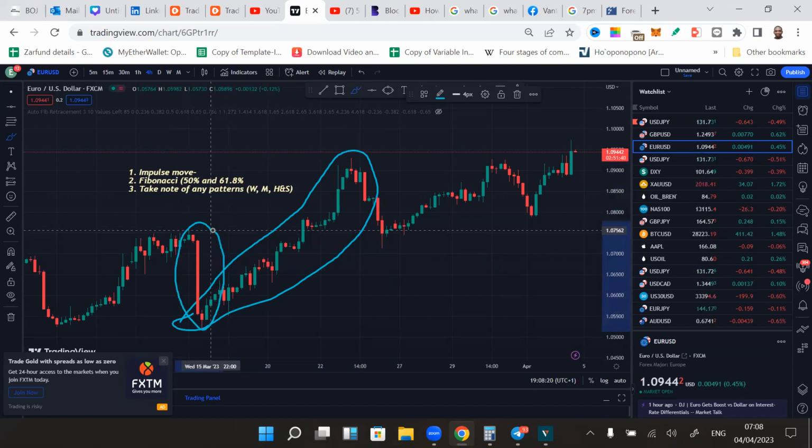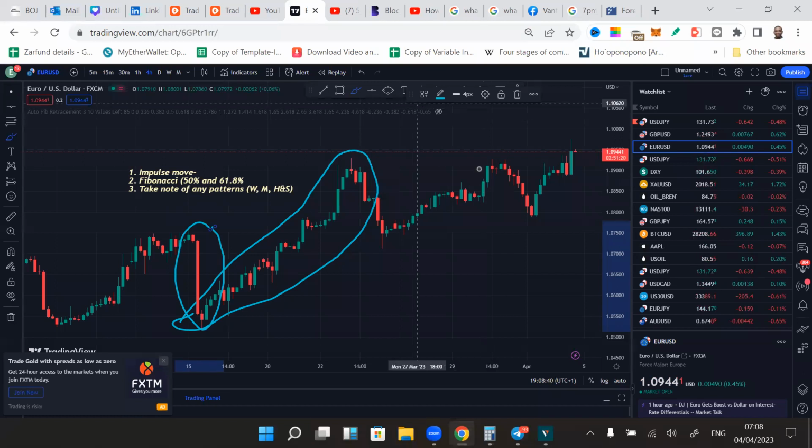So what I'm trying to show you is that when you're looking for an impulse move, it could be a single candle that is massive like that, or it could be a series of candles moving in a particular direction.